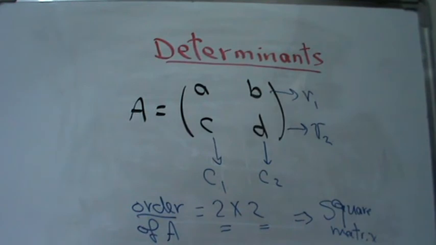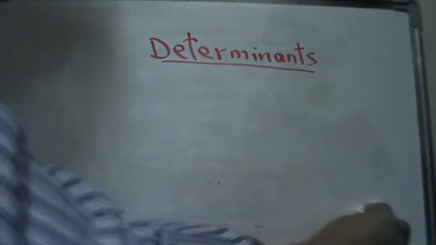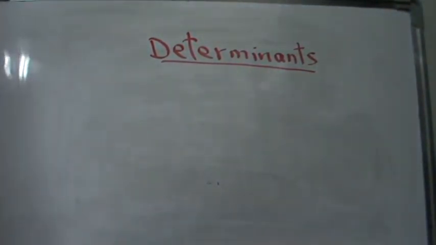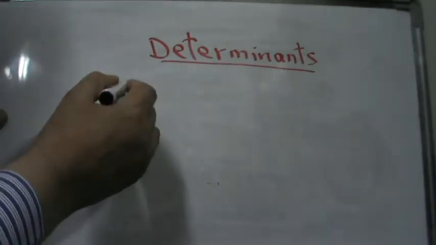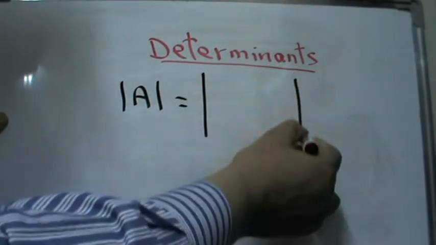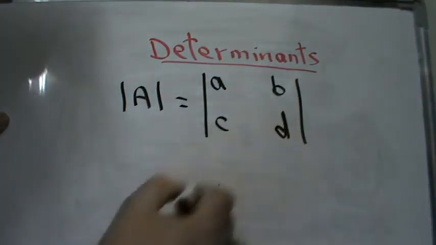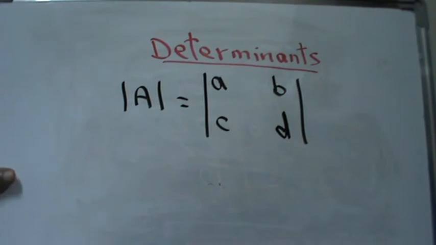But you will rewrite the parentheses of the matrix by replacing them with two vertical lines, like this. You write the determinant of matrix A, it will be two vertical lines, and you write A, B, C, and D. This is a determinant of order 2 by 2.